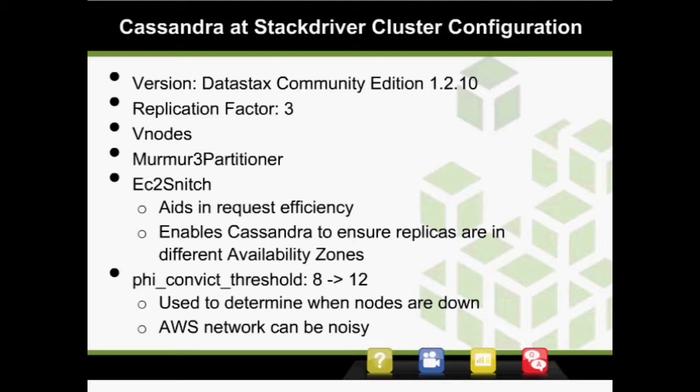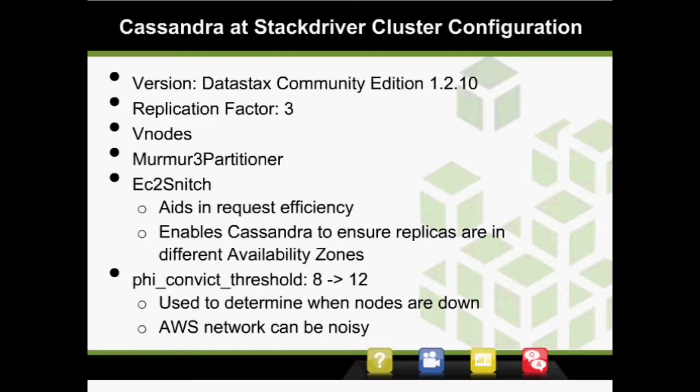And what the EC2 snitch is really doing is allowing Cassandra to be Amazon aware. So it knows about where the node is in relation to other nodes. If you have nodes in US East 1A, B, and C, each of the Cassandra nodes actually knows where the other ones are.